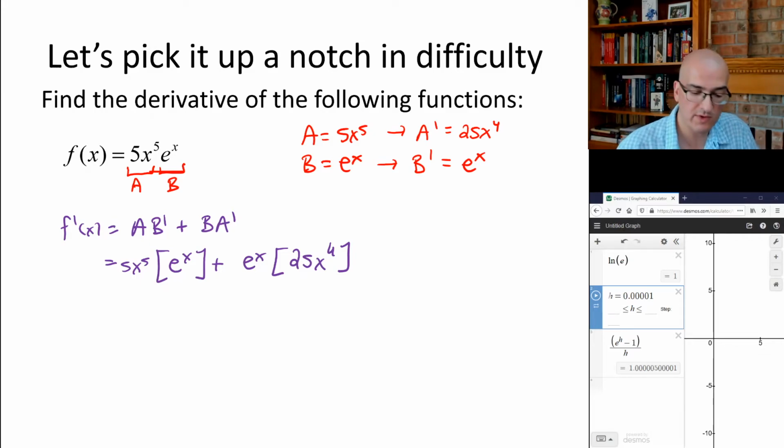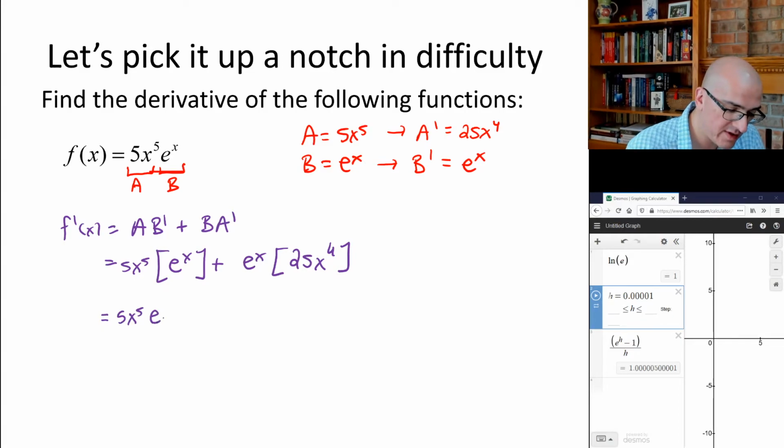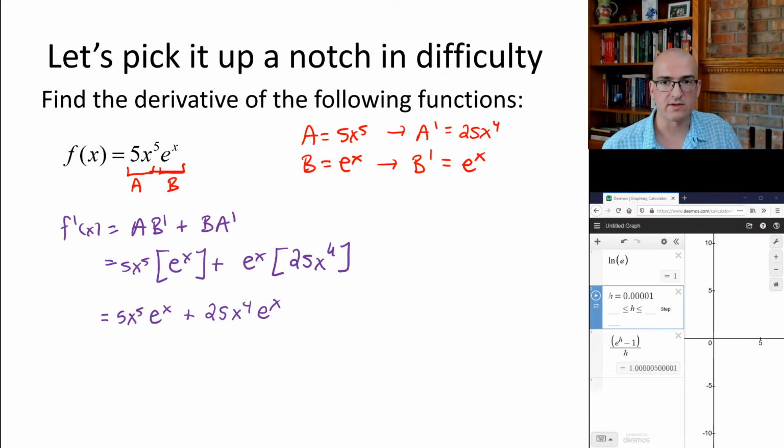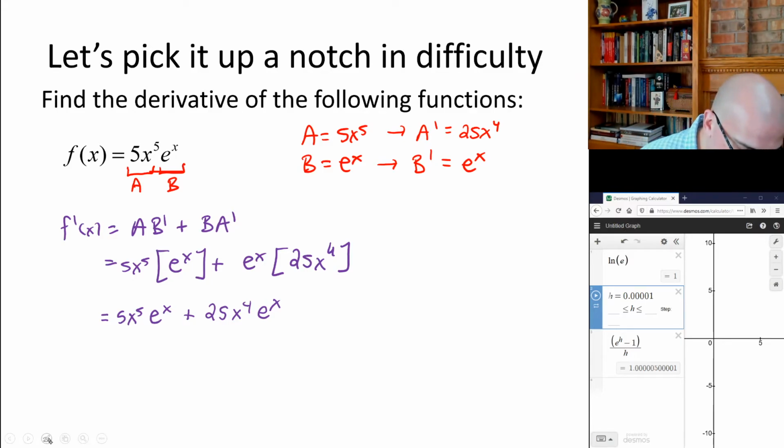That's standard form for mixed expressions like this. So 5x to the power 5 times e to the x, we get our original function back, plus 25x to the power 4 times e to the x. This is a great answer. I'm going to circle it because this is the type of answer I want you to have.